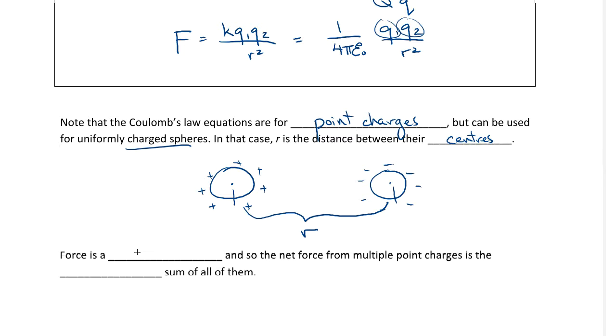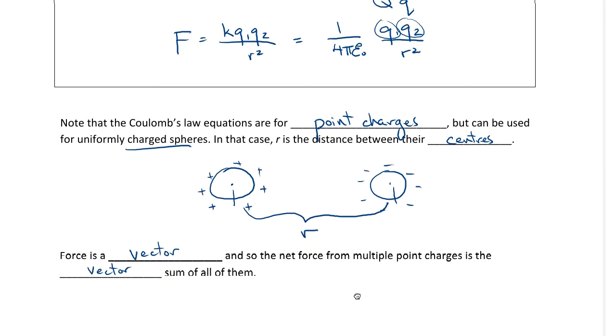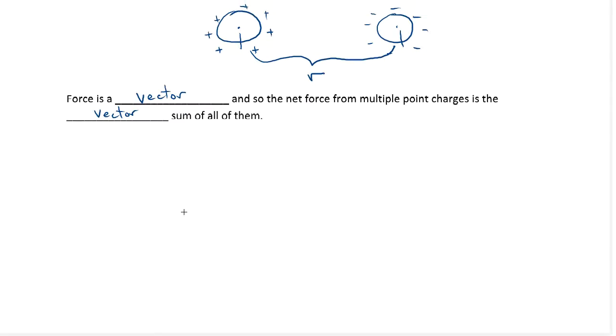Also remember that force is a vector, and so the net force from multiple point charges that are in a distribution is the vector sum of all of them. So if I have several charges, let's say I have a positive charge over here and a positive charge over here and I have a negative charge over here, and I want to know what's the force on something over here.